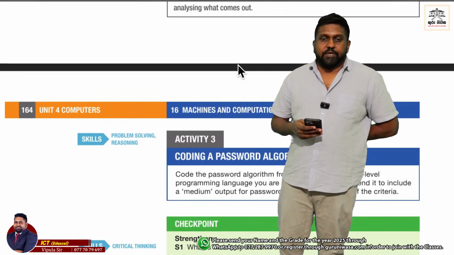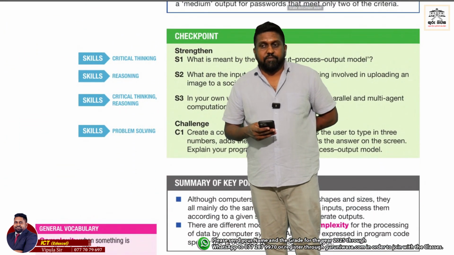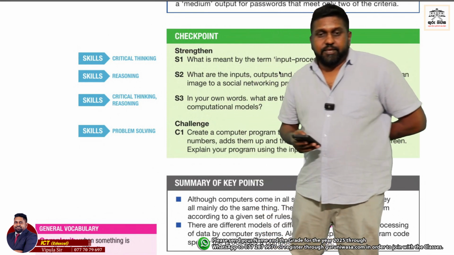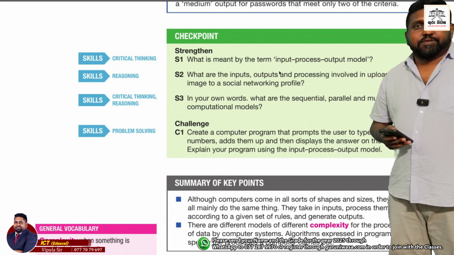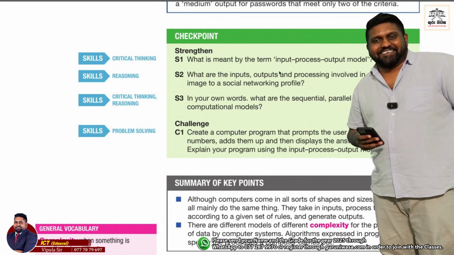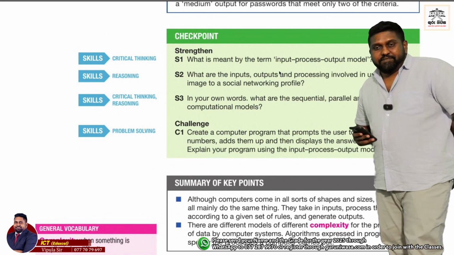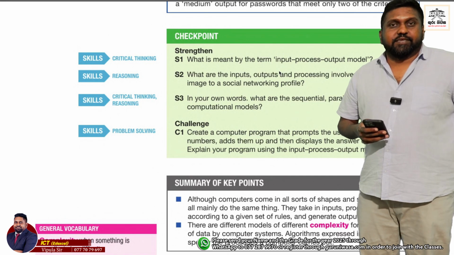Okay, so this is the algorithm, and now we have arrived at a checkpoint. This checkpoint is an interesting thing, because we need to make sure that we learned these particular points.